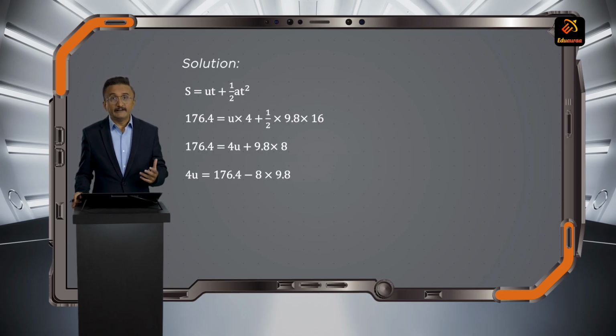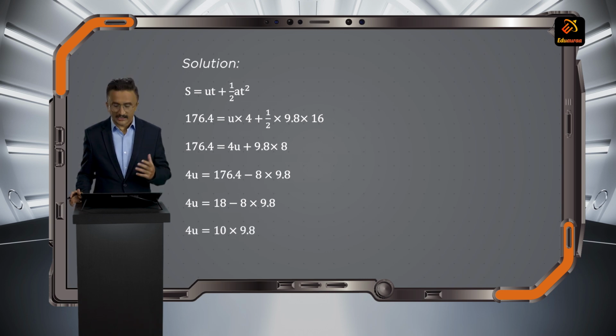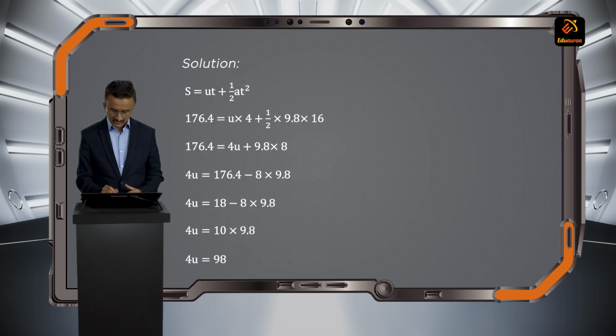It is 18 times of 9.8. So it is 18 minus 8 into 9.8. 18 minus 8 becomes 10. 10 into 9.8, so it is 98. So that is 4u.